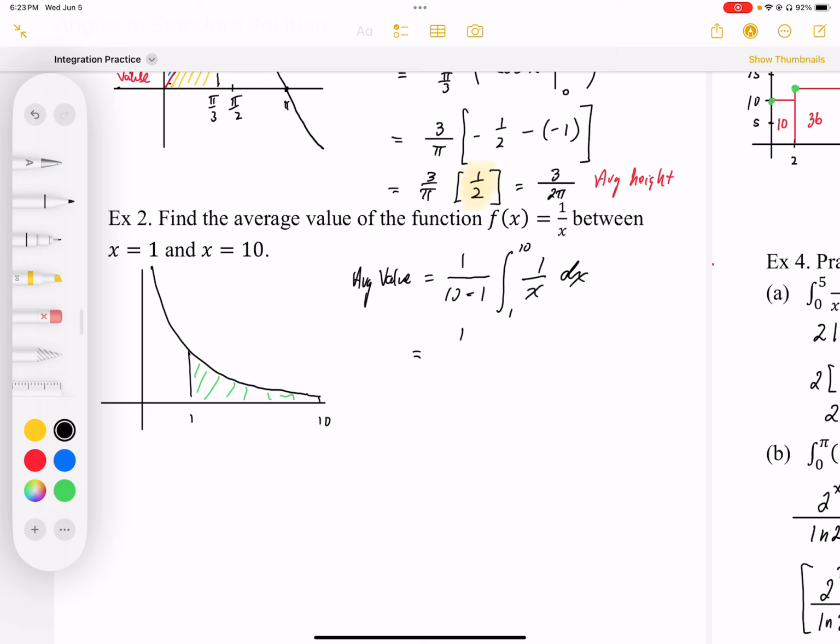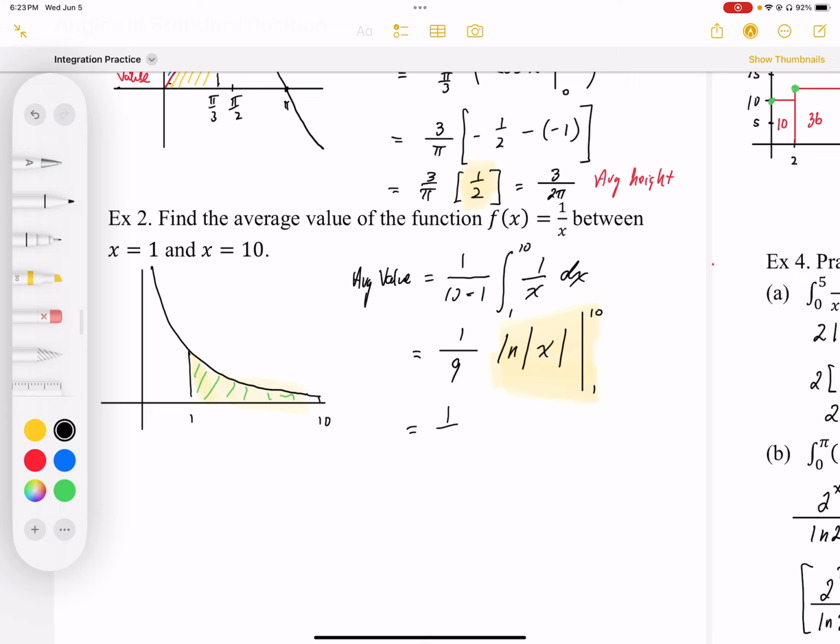So this becomes 1 over 9. The integral is going to be log x, and then we're going to find the area from 1 to 10. So this portion here represents the area that I'm looking for. That's going to be this area in here.